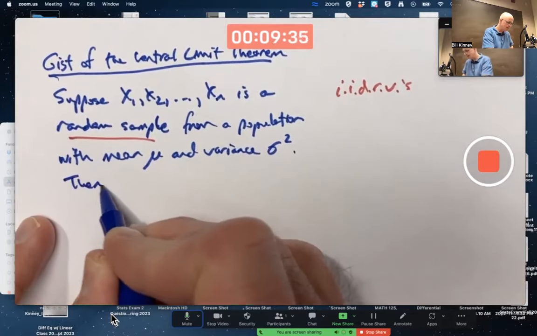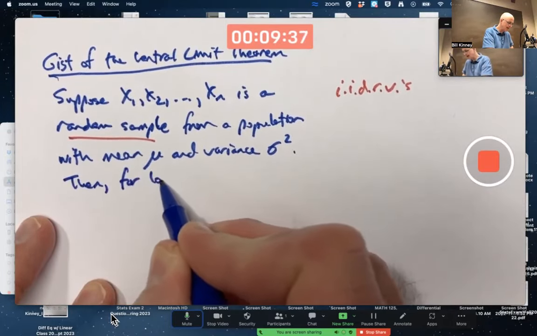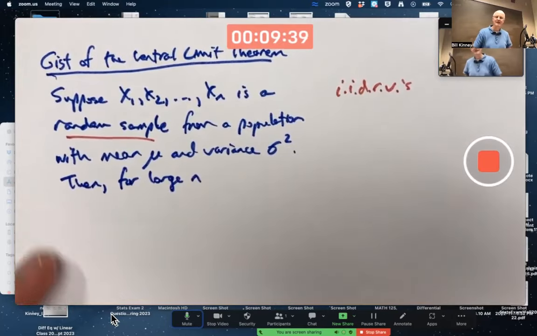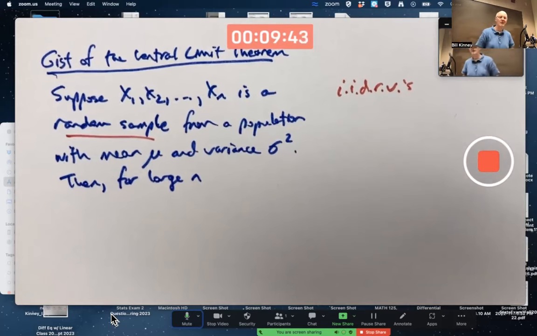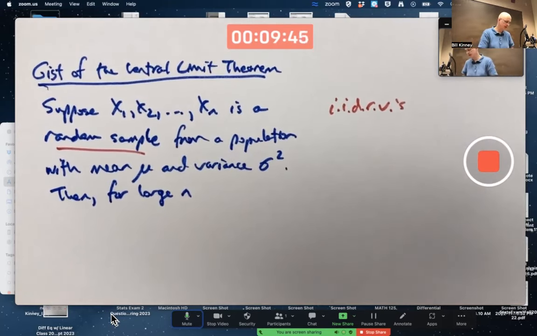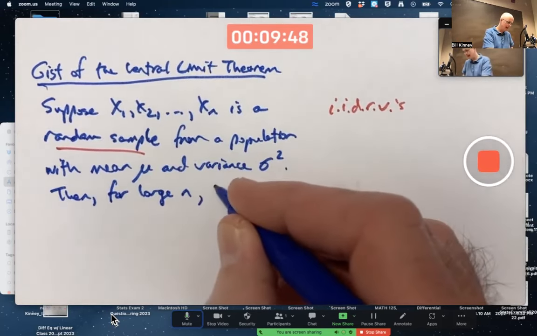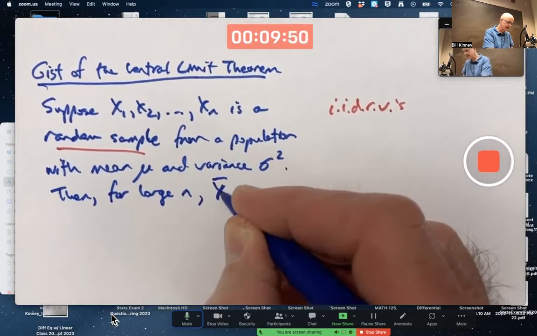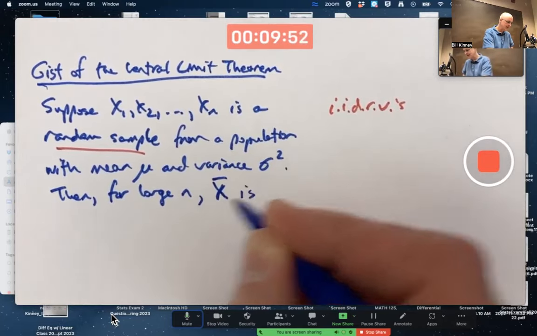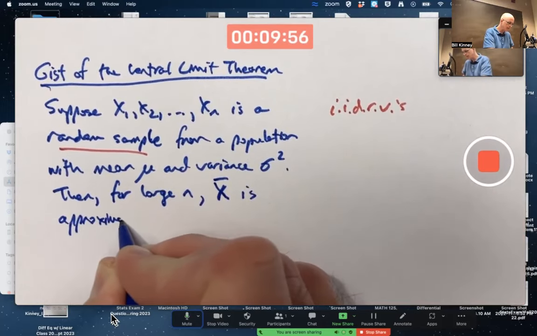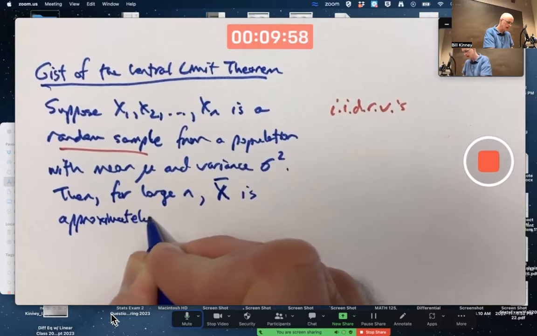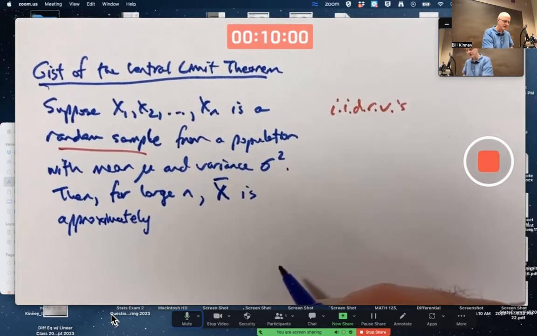Then, for large n, there we go. There's a vague word within our quote unquote theorem, making this not really a theorem, but just a gist of a theorem. X bar, capital X bar, the sample mean is, here's another vague word, approximately normal with a certain mean and a certain variance.